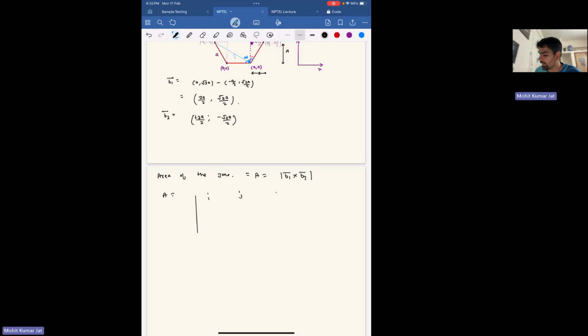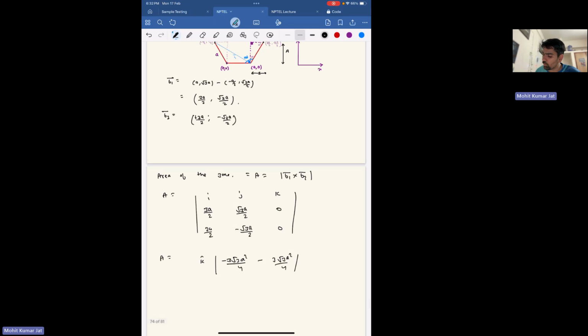I, j and k, 3A by 2, root 3A by 2, 0, 3A by 2, minus root 3A by 2, and then 0. If I do it, it's a modulus, so k cap times 3 root 3A square by 4 plus 3 root 3A square by 4.